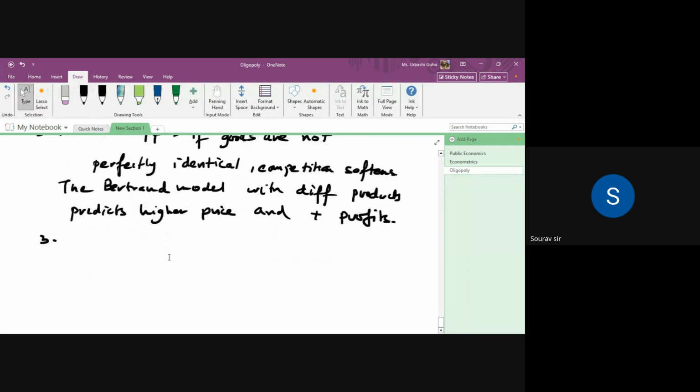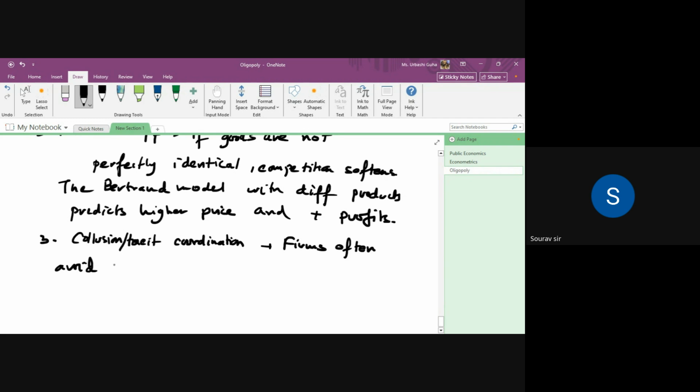Third one is collusion or tacit coordination. That means firms often avoid a pure price war.